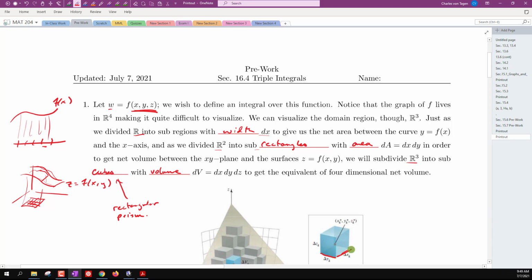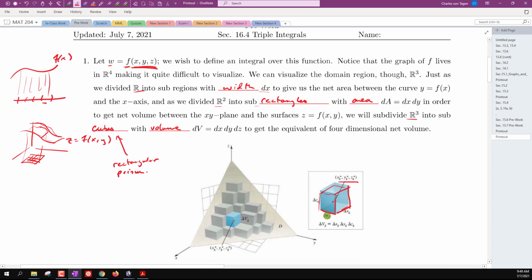Those aren't necessarily the same widths, as we can see from this image, and we've got another width here, delta z, but this constructs a little rectangular prism. Then we're going to take from within that some representative point and evaluate that in our function to estimate the value of w there. And we're going to do that for each one of these rectangular prisms throughout our region in R3.